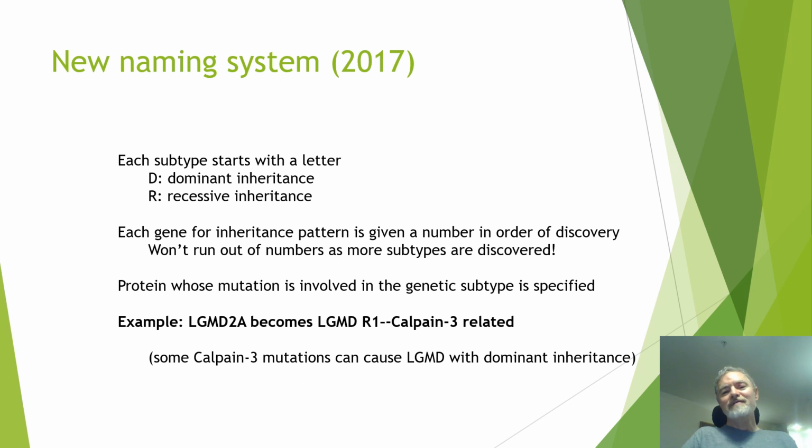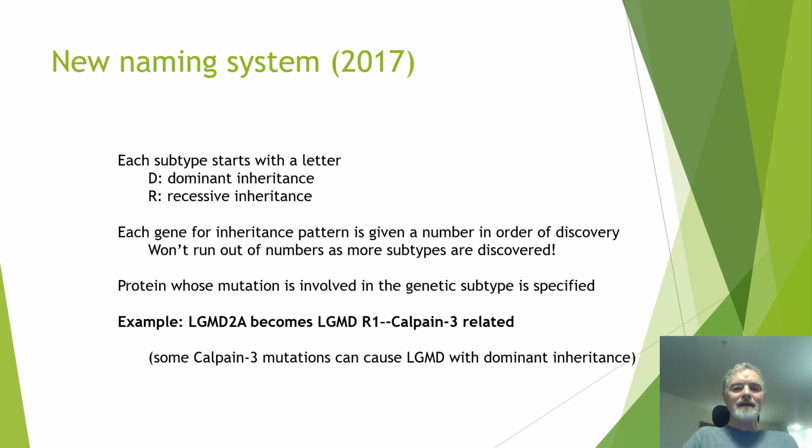And then after that, it's given a number rather than a letter, indicating which gene is responsible in the order of discovery. Unlike letters, you're never going to run out of numbers, so you can just keep going. So it doesn't matter if we discover 175 genes that can cause LGMD. It's not really a problem.